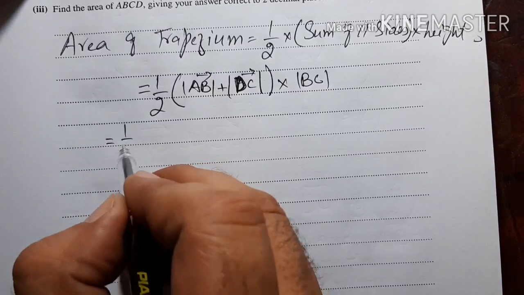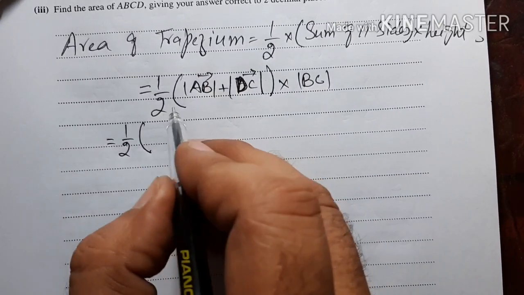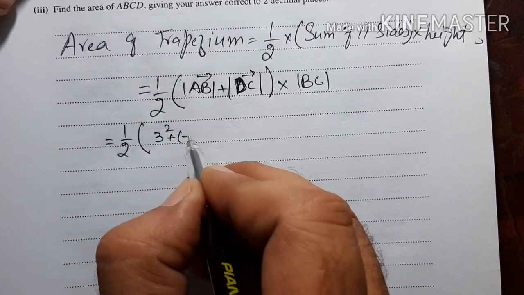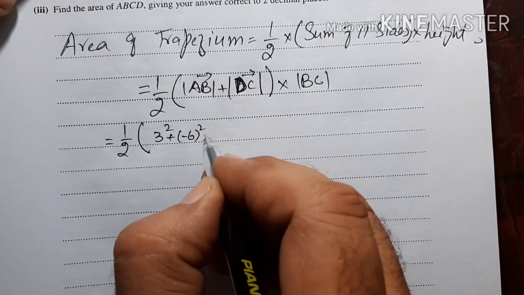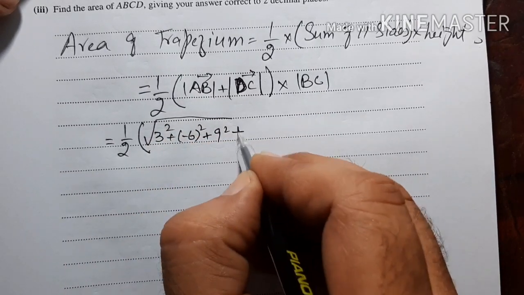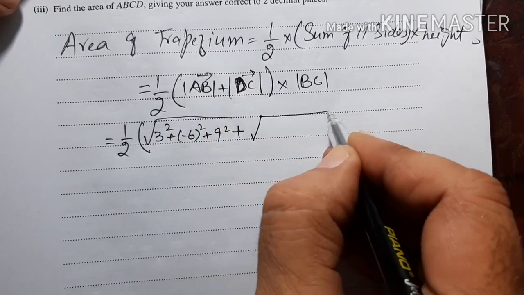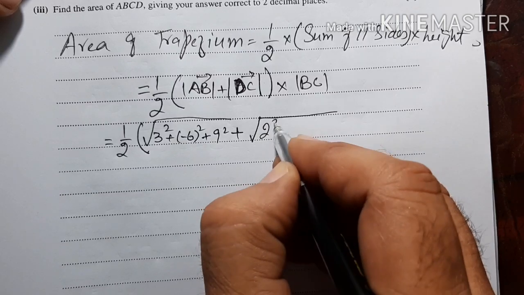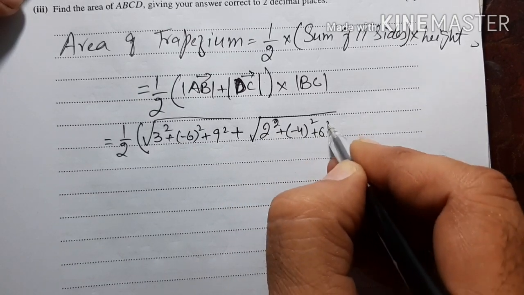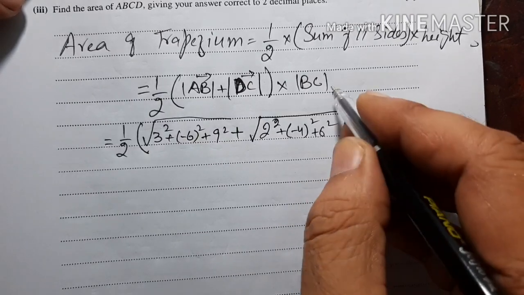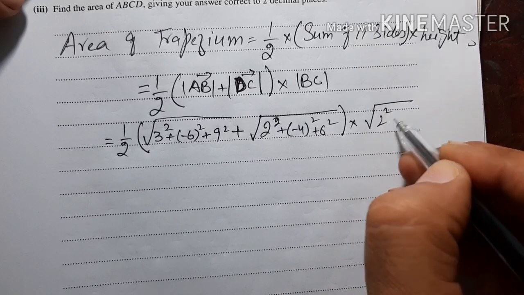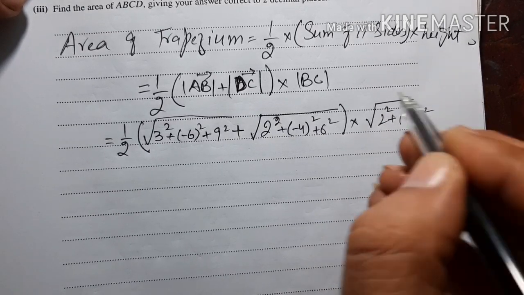Therefore 1/2, AB magnitude is 3 square plus minus 6 square plus 9 square, square root, plus DC magnitude is 2 square plus minus 4 square plus 6 square, into BC magnitude is 2 square plus 1 square plus 0 square.